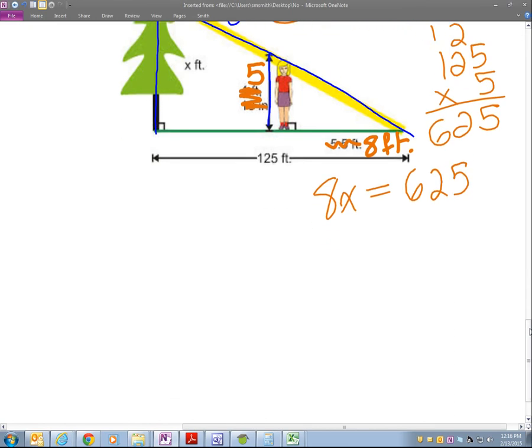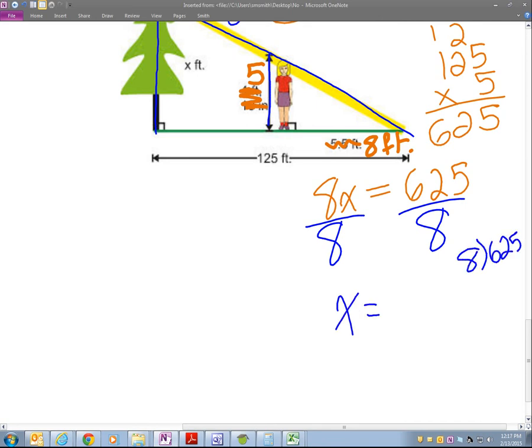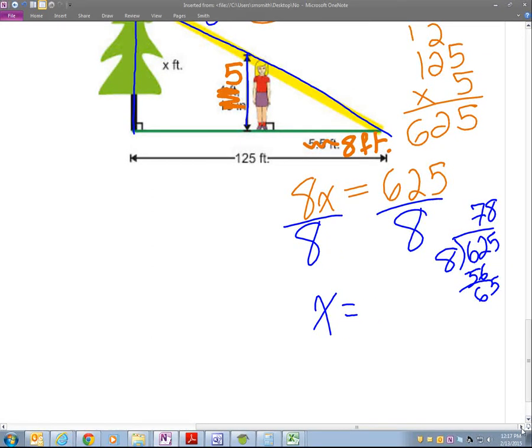Now I have to solve for the variable, and I'm going to use the inverse operation, so I'm going to divide it by 8. So 8 into 625.